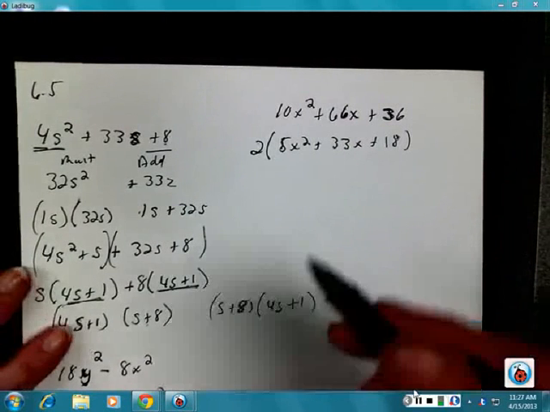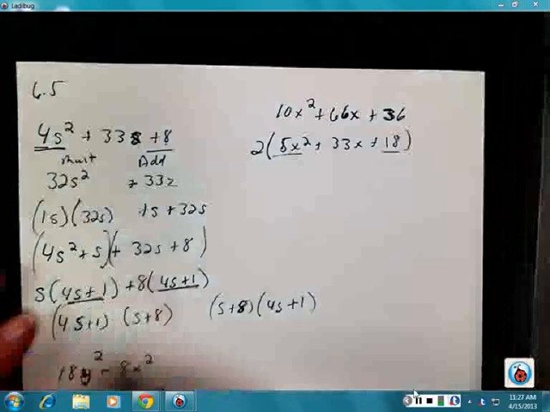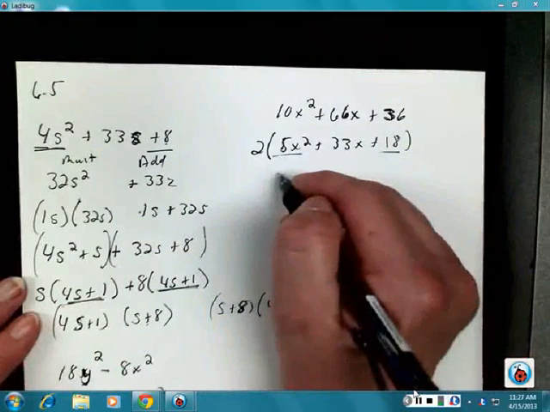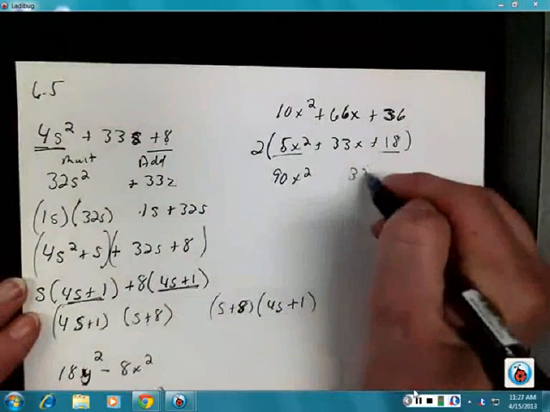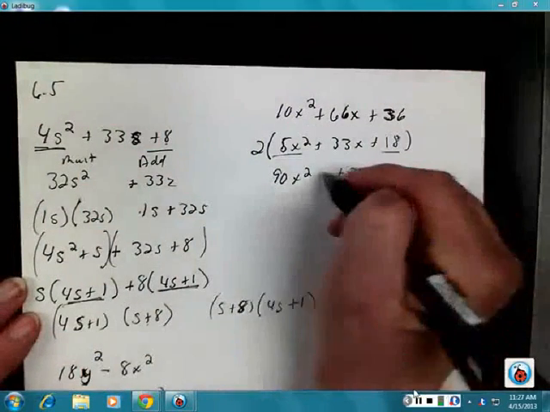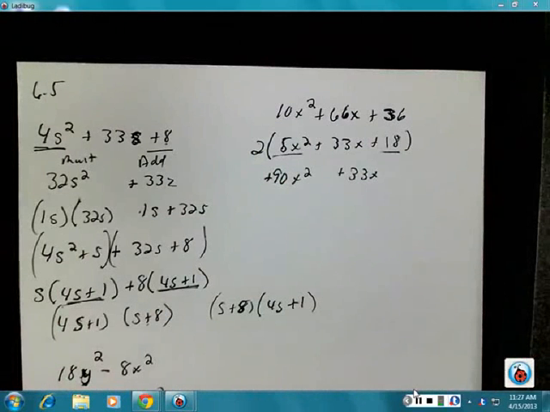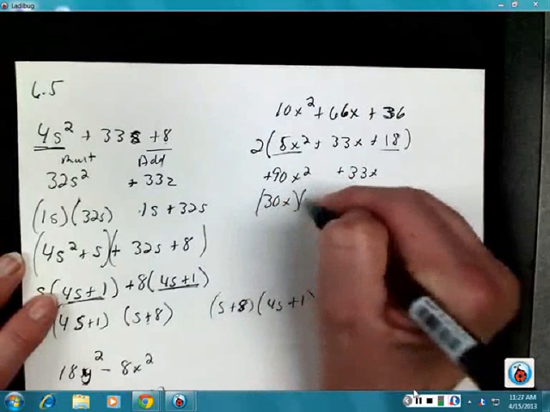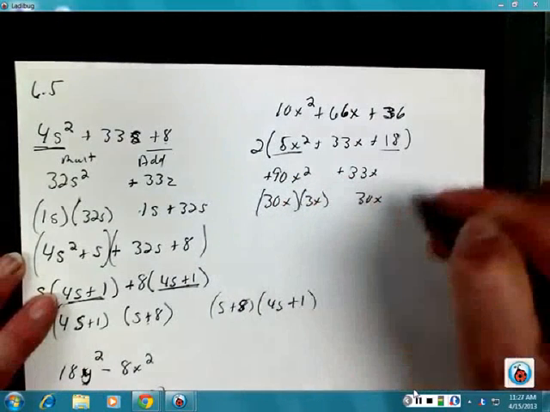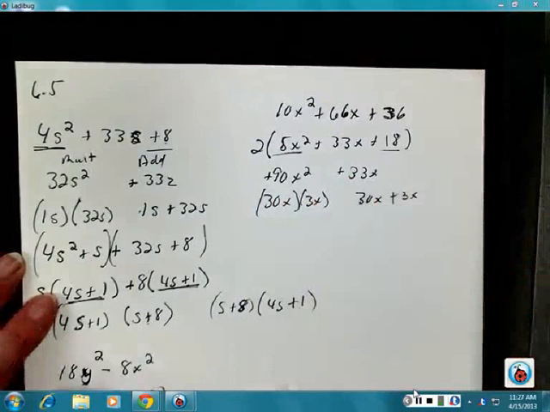What's 5 times 18? 90. So I need things that add to give me a positive 33 in the middle. 30 and 3? 30x times 3x, and 30x plus 3x is 33.